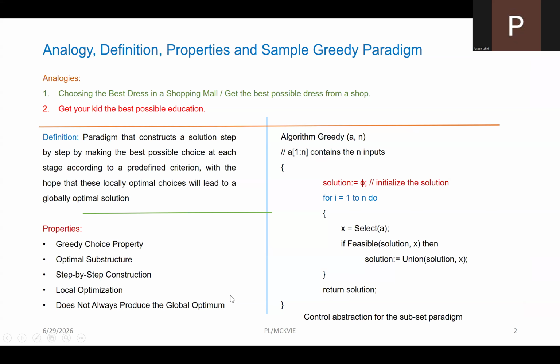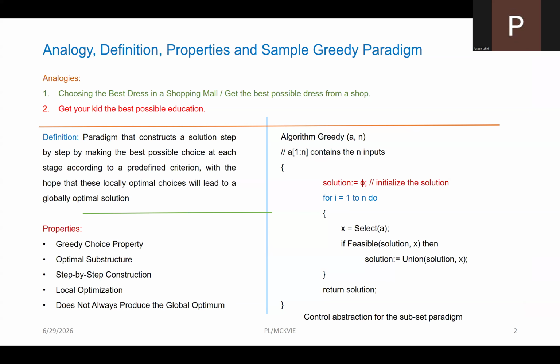At each stage, a decision is made regarding whether a particular input is part of an optimal solution or not. And this is done by considering the inputs in an order determined by some selection procedure.